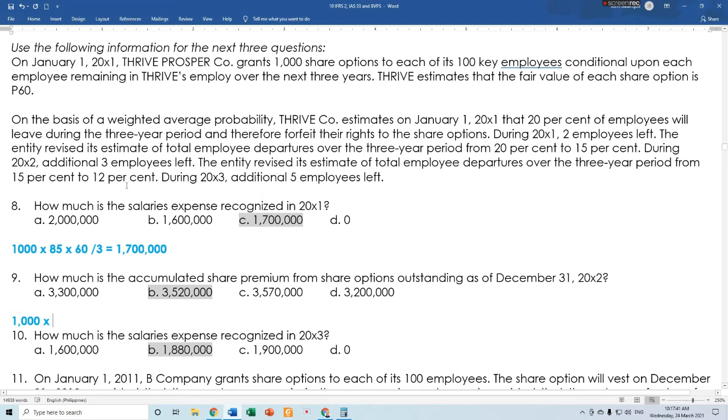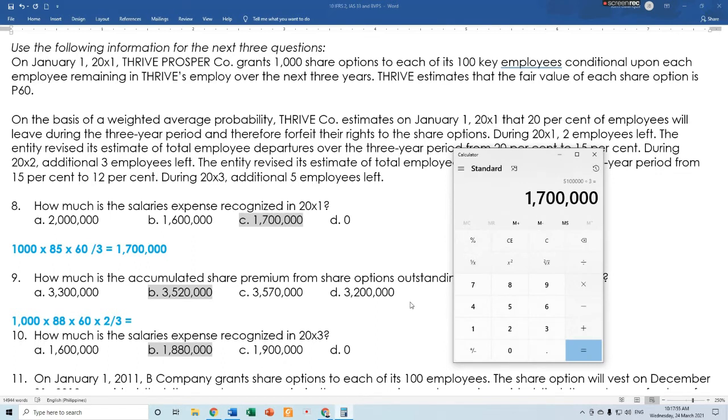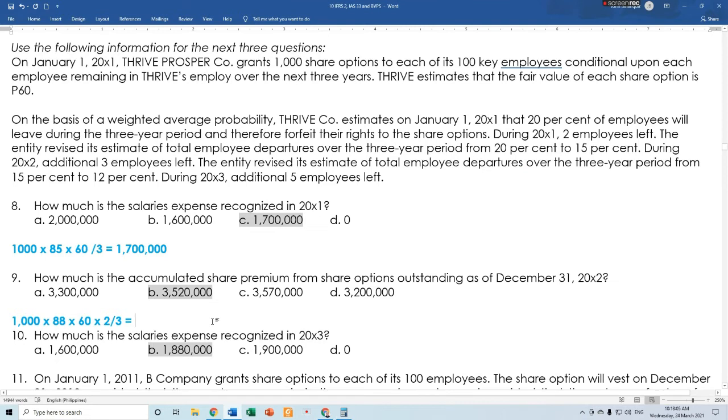So, gagawin natin tong 88 na lang yung maiiwan. Times 60 times 2 over 3. Accumulated ang tinatanong eh. So, it's going to be 1,000 times 88 times 60 times 2 divided by 3. So, that's going to be 3,520,000. Ito yung accumulated.